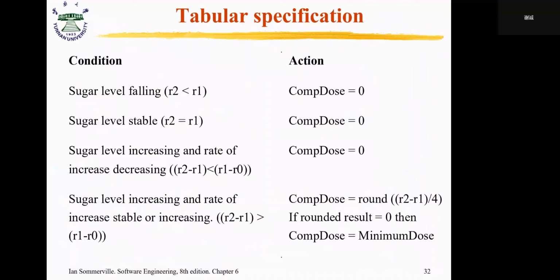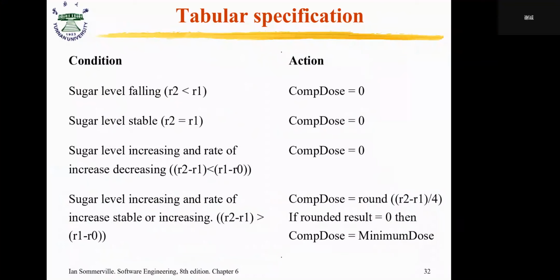You can use structured language to easily describe it. But sometimes some systems, some functions are more complex. You cannot only use structured language to describe it.